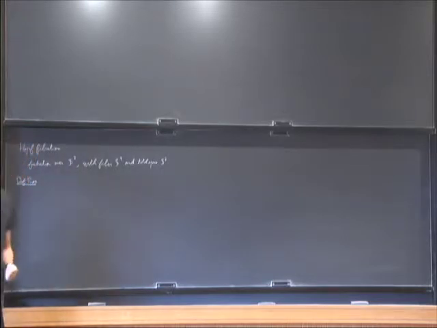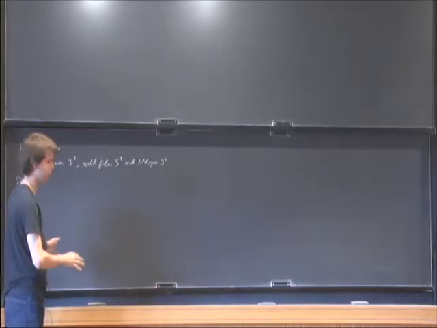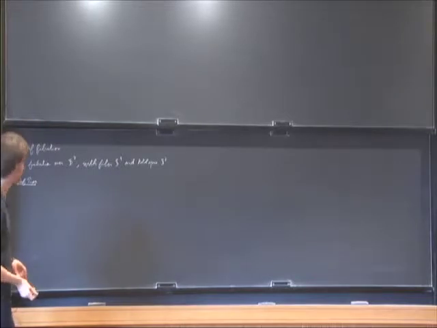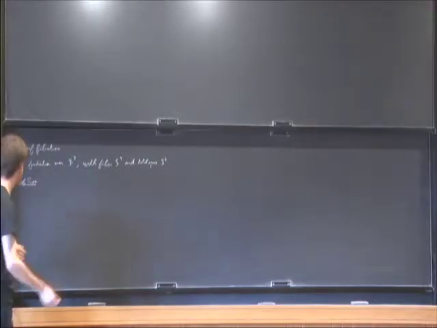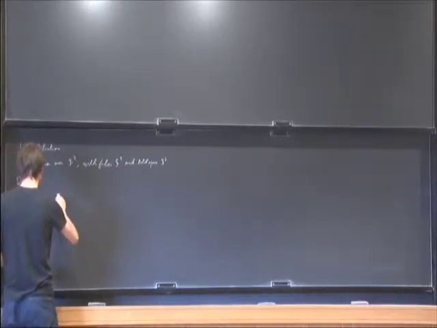Okay, so I will first start with a definition and proposition. A lot of what I will do will really look like what Peter did last week. Well, it's the same subject. So the first proposition is the following. Assume we have the following data.